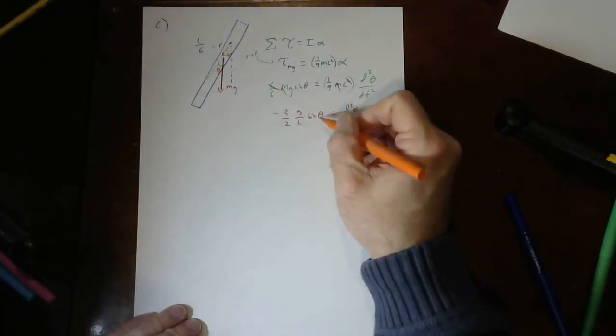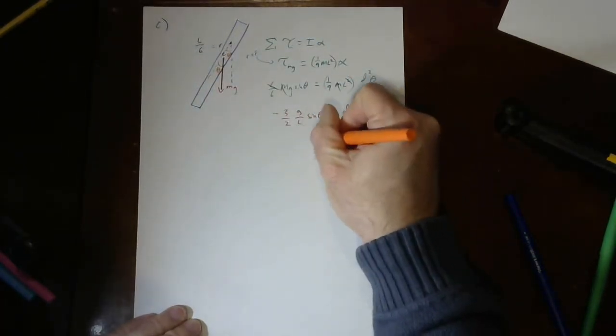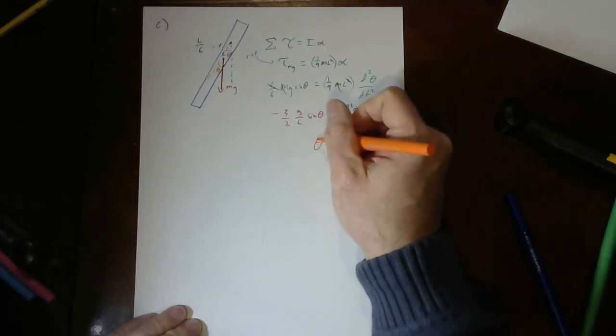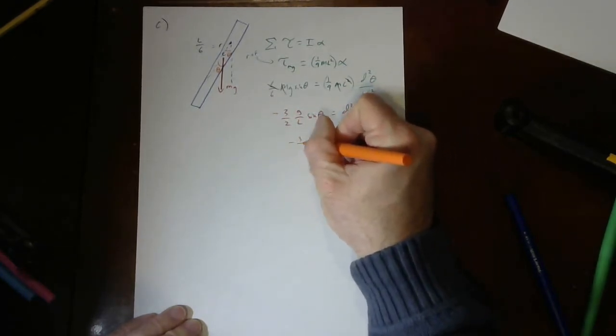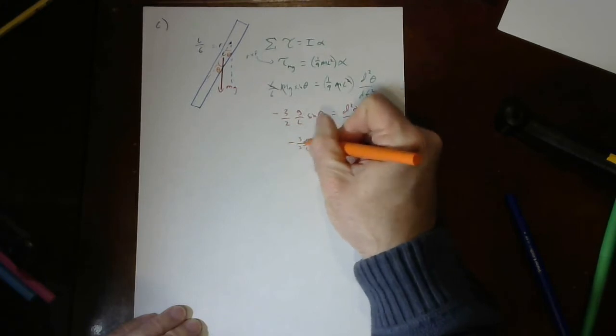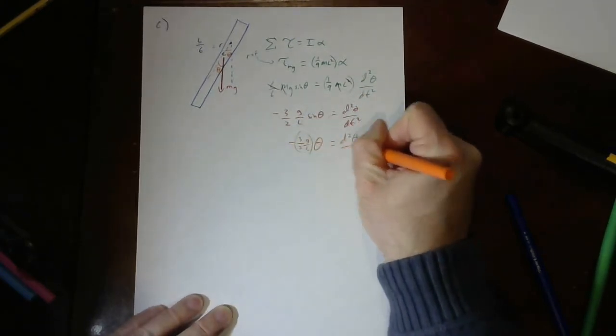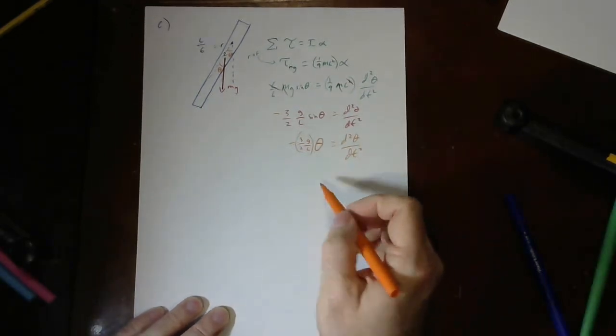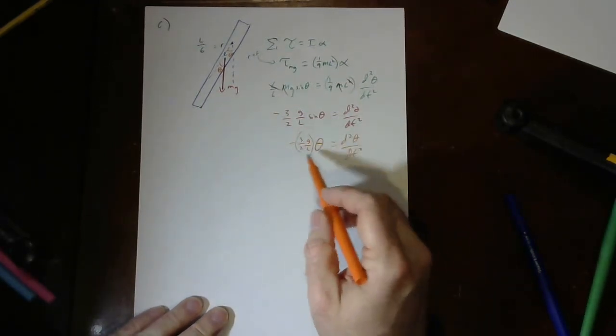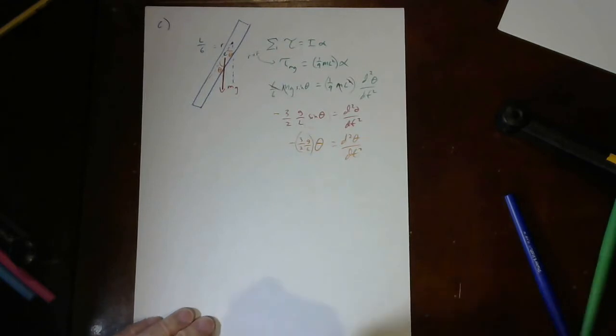And that's going to matter because in a second, we're going to replace sine theta with theta. Again, that's the small angle approximation for sine. And so now I just have this. And you say, hey, that is the simple harmonic oscillator pattern.